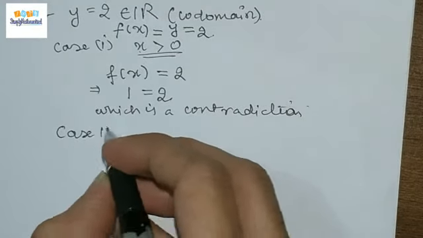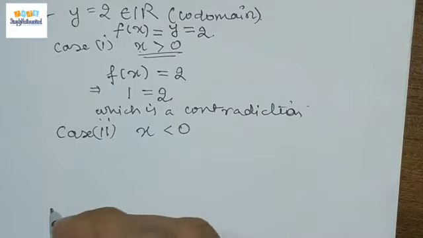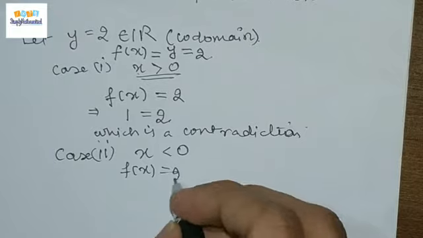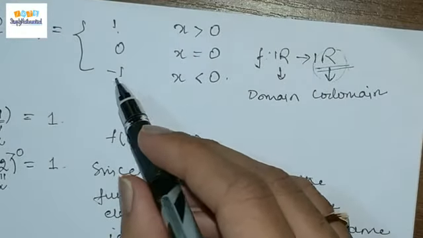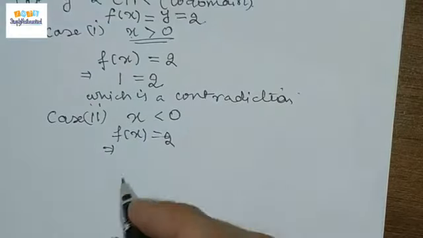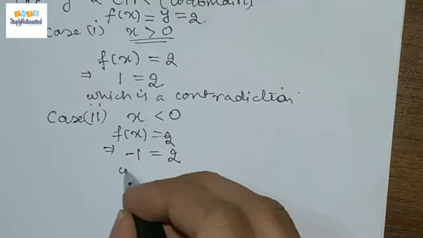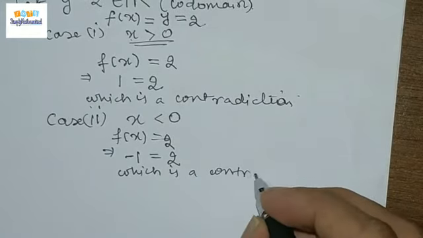Now case 2, suppose x is less than 0. So f(x) equal to 2 will imply, when x is less than 0 the definition of the function is minus 1, so minus 1 is equal to 2, again a contradiction.